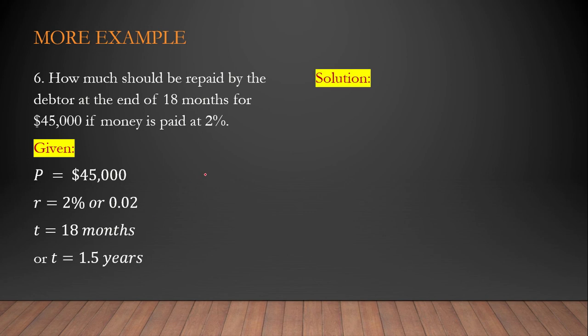Then, solve. So, the formula in finding the final amount or the future value is F is equal to P times the quantity of 1 plus rate times time. So, substitute po dito sa formula. So, P is 45,000, R is 0.02, T is 1.5.